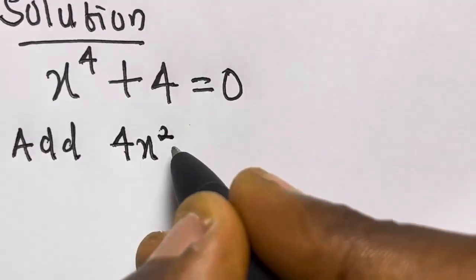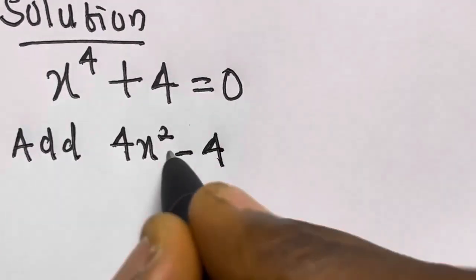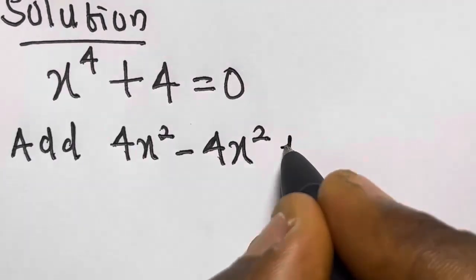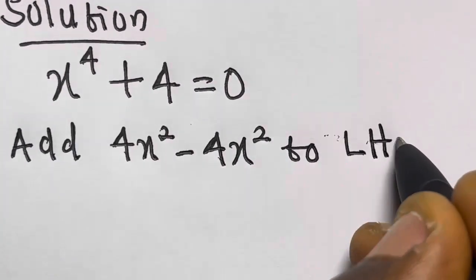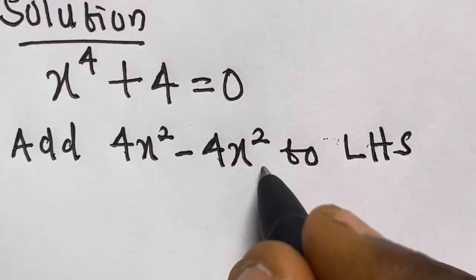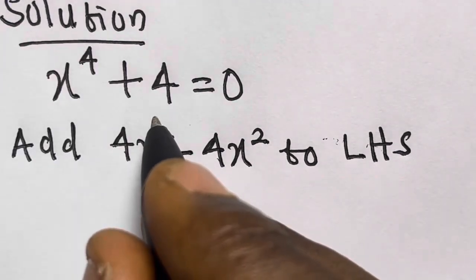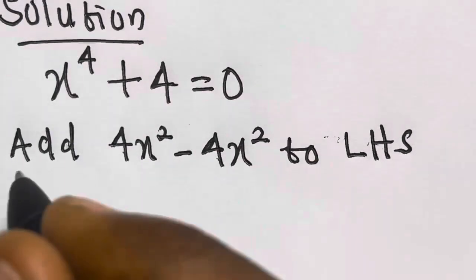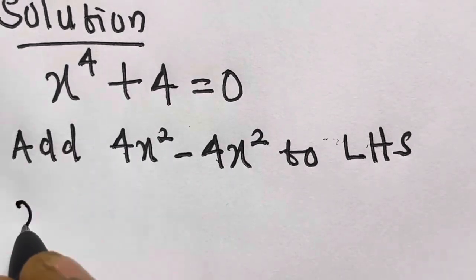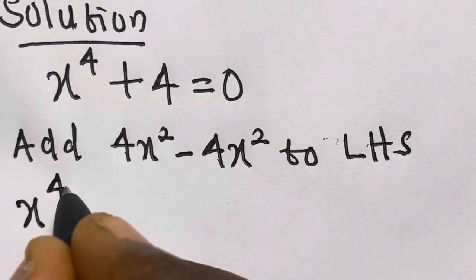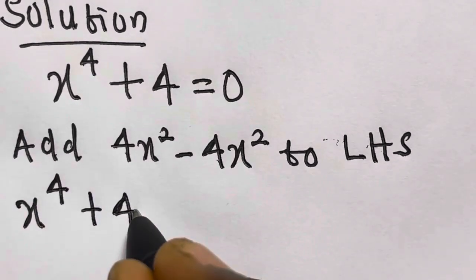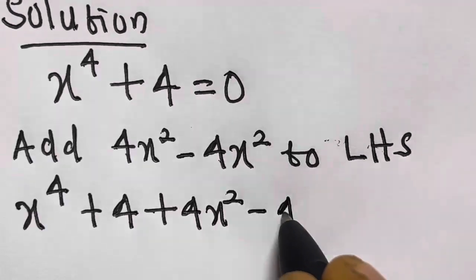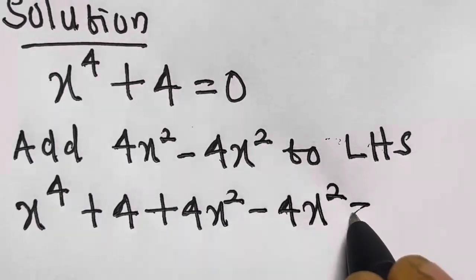Literally this will become 0, so it's just like adding 0 to the left hand side and it will become this equation back, right? So we will have x raised to the power 4 plus 4 plus 4x squared minus 4x squared equals 0.